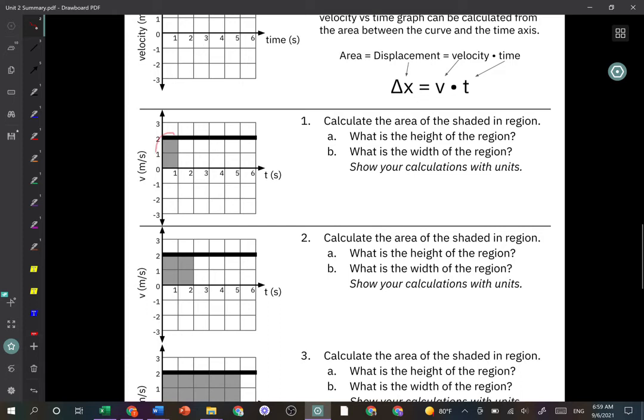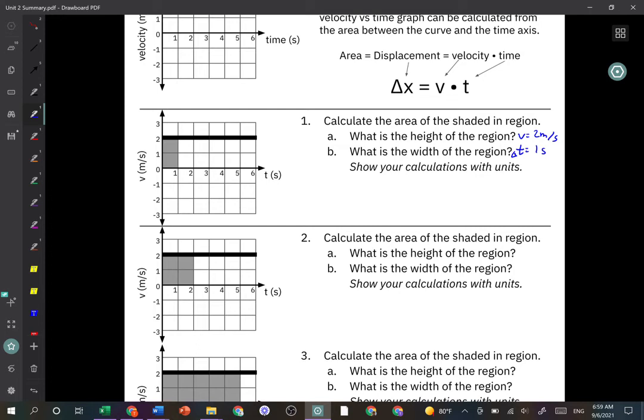So, we have the shaded in region here from 0 to 1 seconds and from 0 to 2 meters per second for our velocity. So if we're looking at the height of the region, I can write down that the height is going to be our velocity, which is 2 meters per second. What is the width of the region? The width is going to be our time, and that will be, well, specifically a change in time of 1 second.